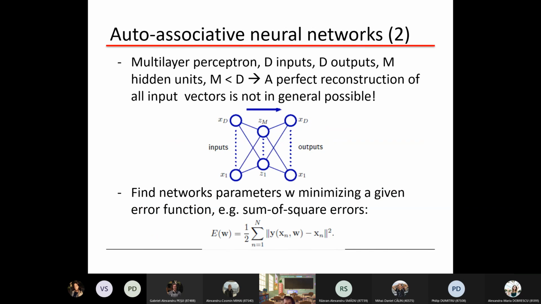This is the structure: we have a multi-layer perceptron with D inputs, D outputs, M hidden units. So a perfect reconstruction is not possible. And what we need to do is to find the network parameters W so as to minimize the error, given as the sum of squared errors between the outputs that are obtained and the inputs that were given.